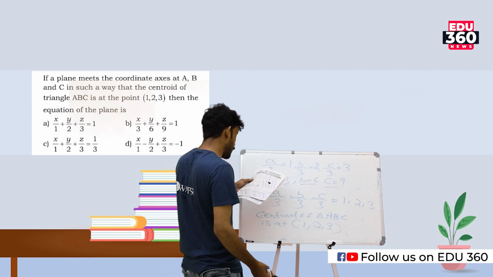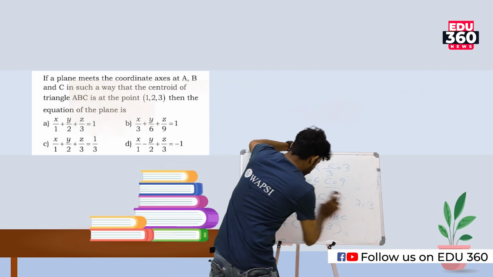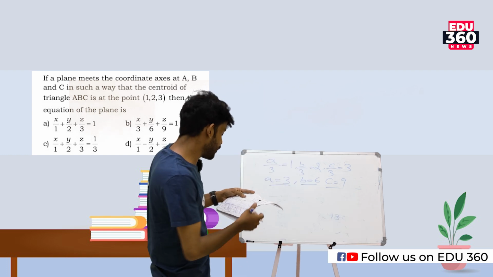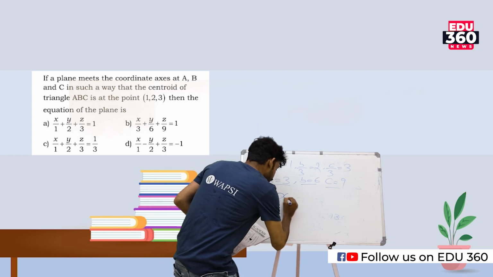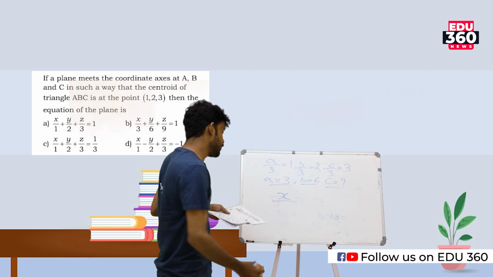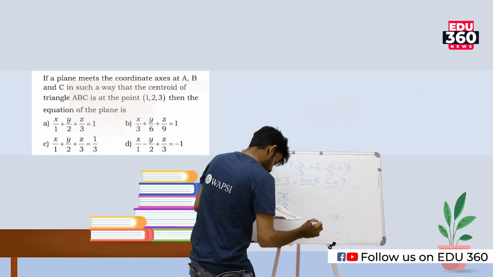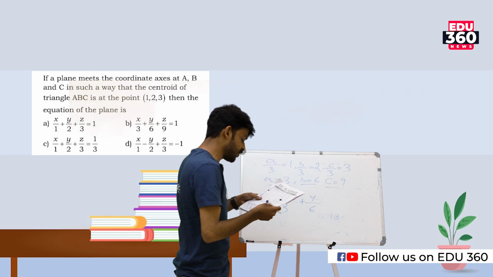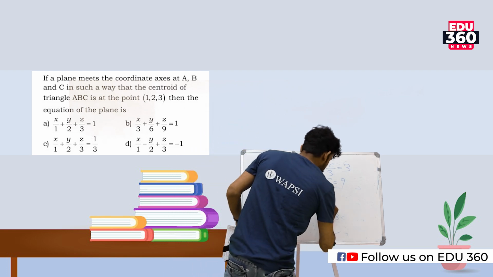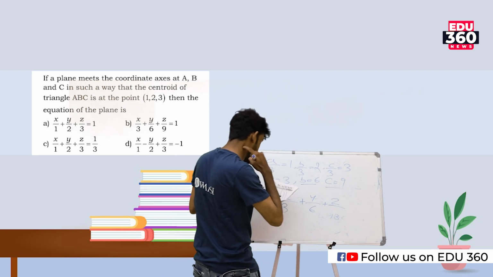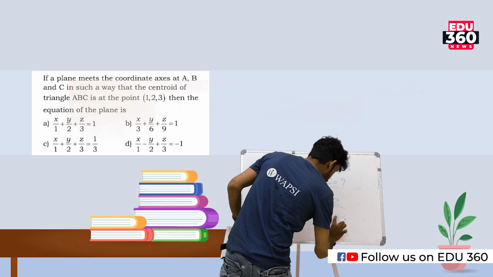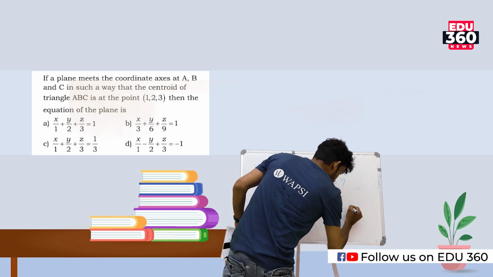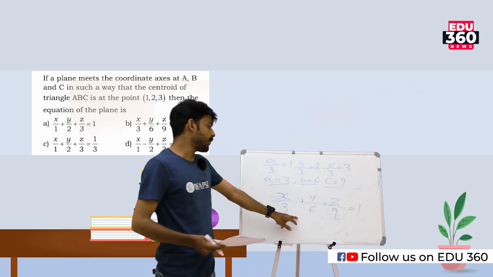So that is the equation of the plane. We can write the equation of the plane as X by 3 plus Y by 6 plus Z by 9 is equal to 1. So this is the final answer.